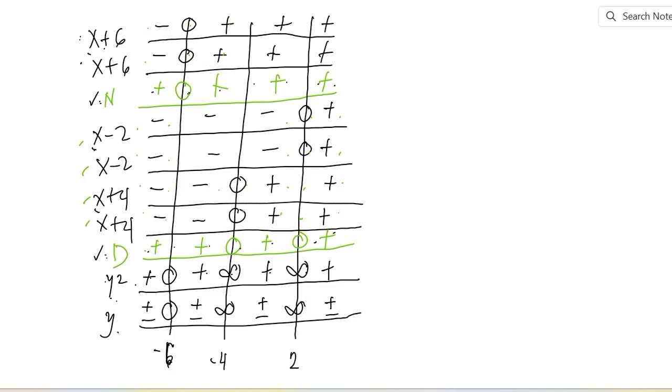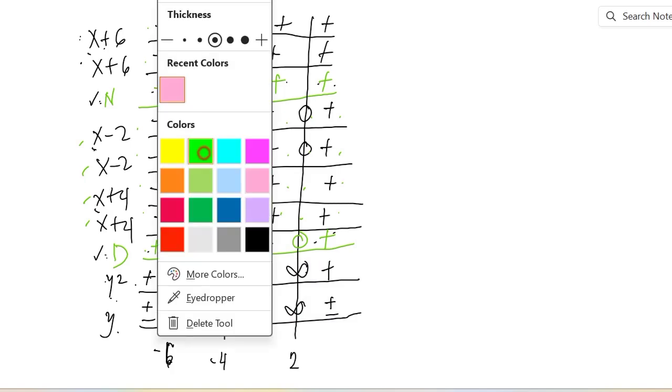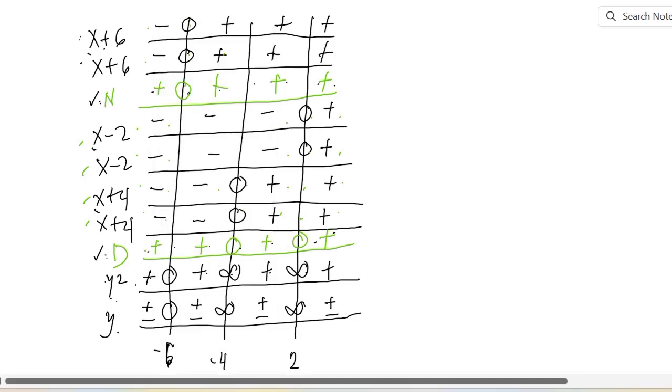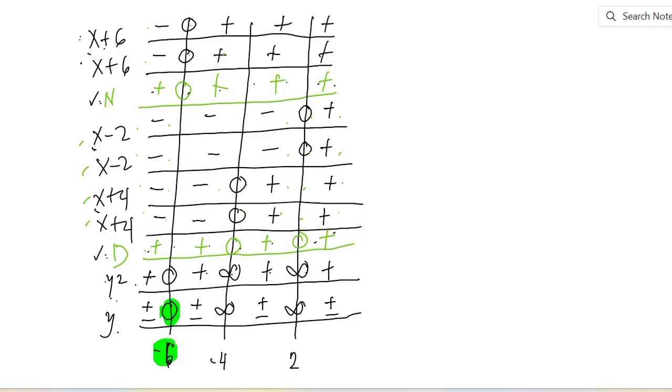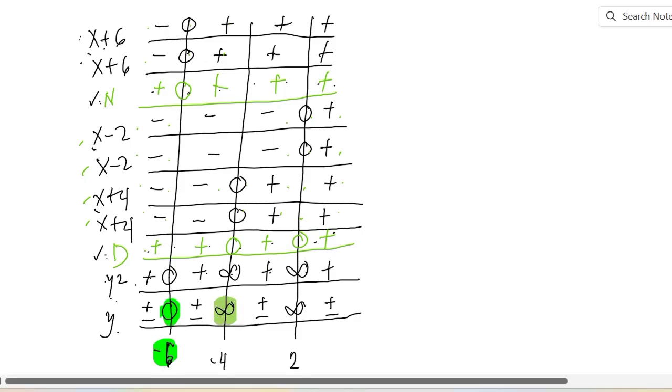So this only means that we have our x-intercept, which is 0, located at x is equal to negative 6. And we also have a vertical asymptote located at x is equal to negative 4 and x is equal to positive 2.